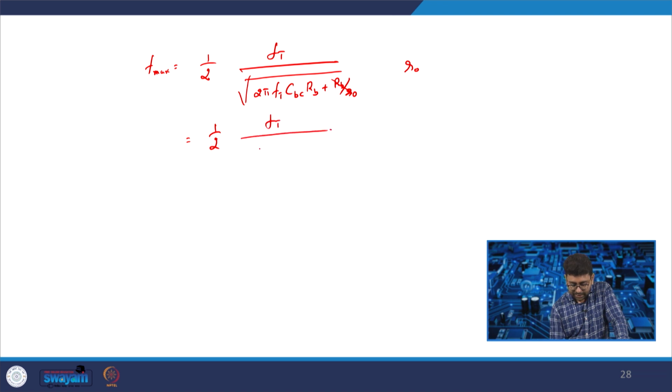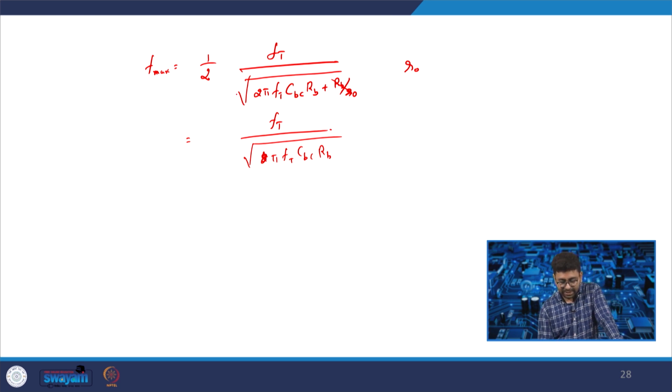Ft divided by, if we take this 2 also inside, square root of 4 pi Ft CBC into RB. So, this is not 8 pi, because 4 will go inside, it is 8 pi Ft CBC into RB.